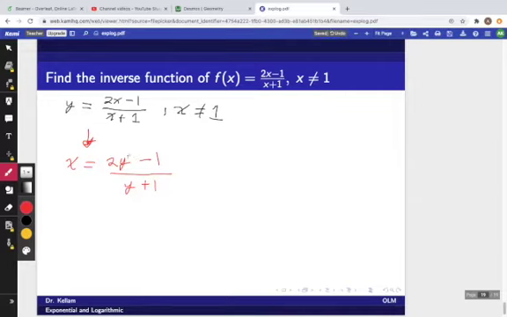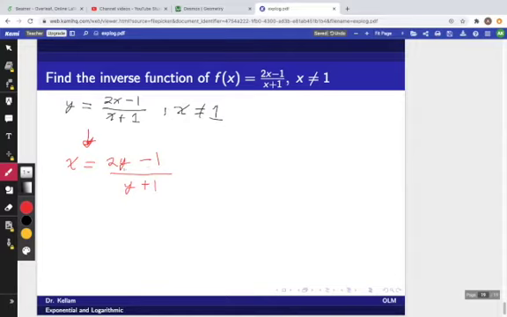Now, I'll be honest with you, I prefer denoting it as y inverse, because this and this are not the same thing. But for the purposes of finding what it is, we don't really have to have that. So we have this. Okay.